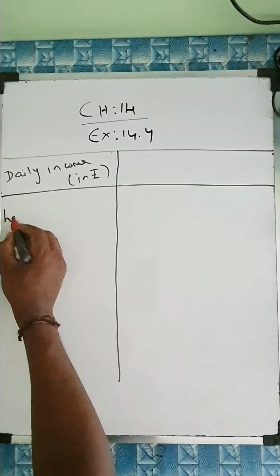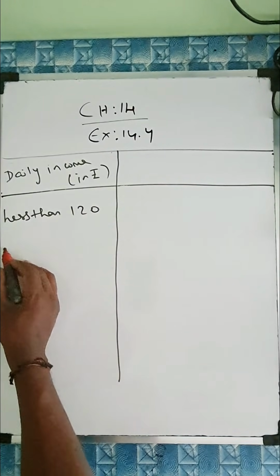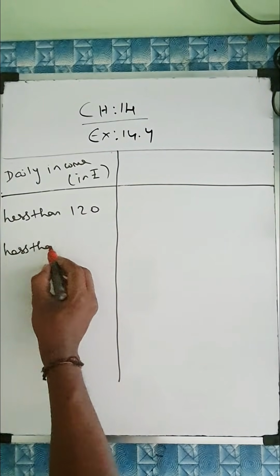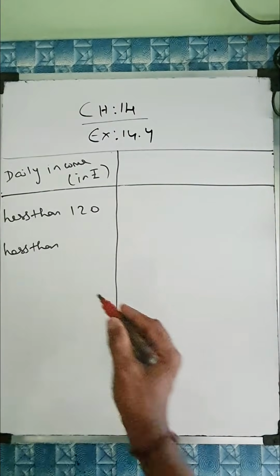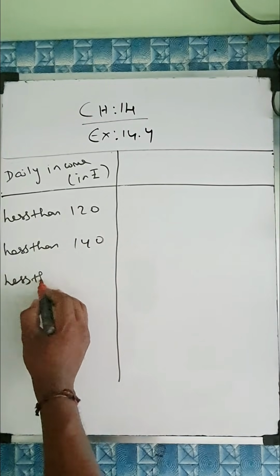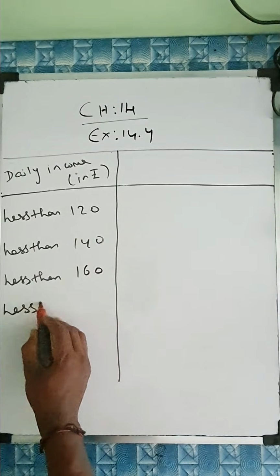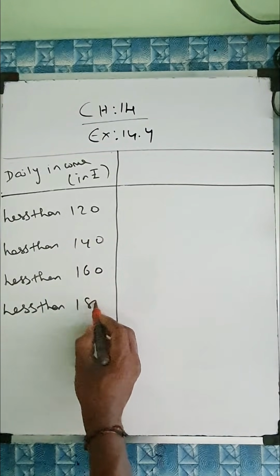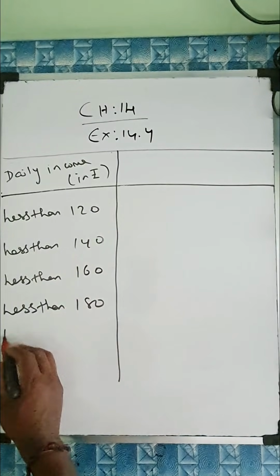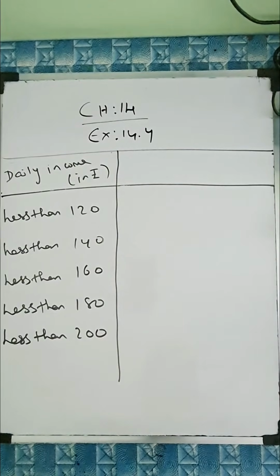We can write here less than 120. Again, next one less than 140, less than 160, less than 180, and less than 200. So you are taking the upper limit.